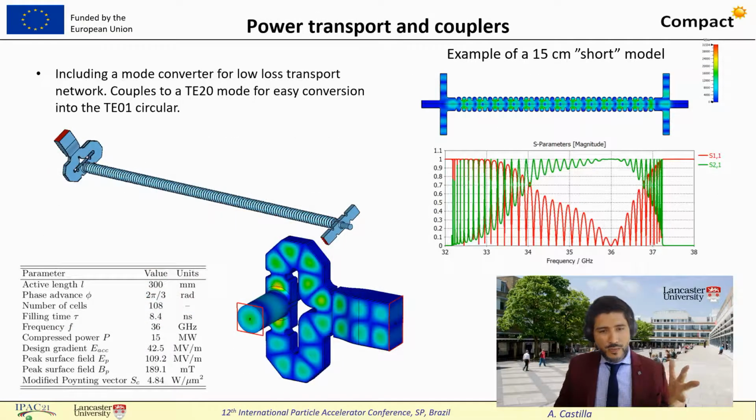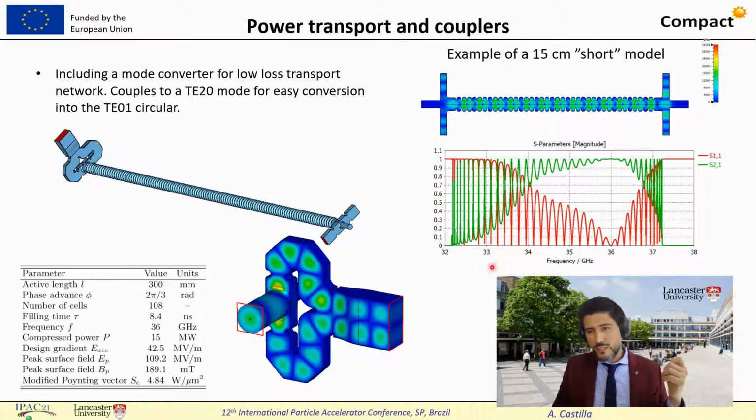When working at these power levels, at these high frequencies, the power transport is really an issue. So we have envisioned a low loss network that operates in a TE02 mode. So we have designed couplers for our structure that include a mode converter that takes this TE02 mode into a TE01 circular mode into our mode launcher that is then fed through the structure.